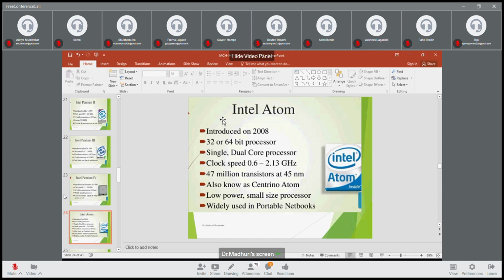That's why it is called the Centrino Atom. It is a low power, small size processor, and it will be used in portable networks. Got it, guys?